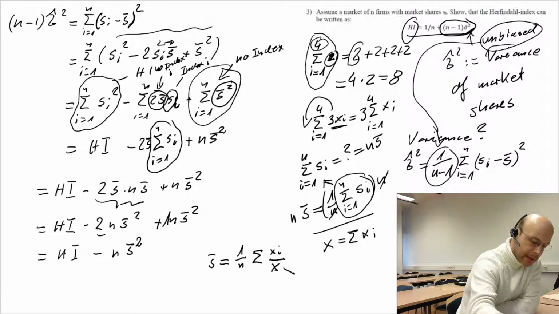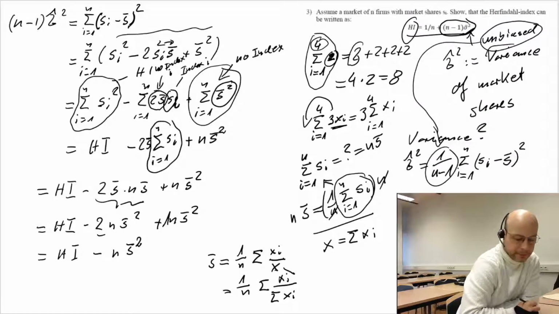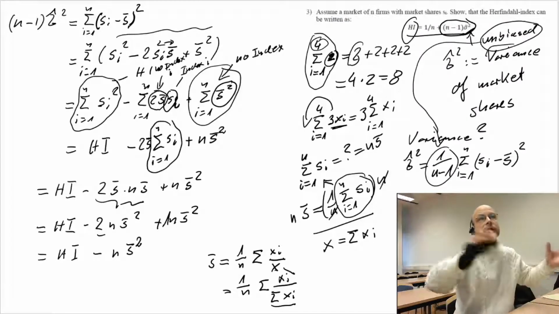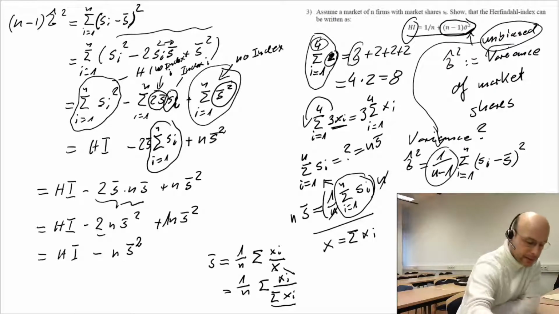So what we then have is 1 over n times sum over xi over sum over xi. But this, of course, is independent of xi itself. It's just the total market size.